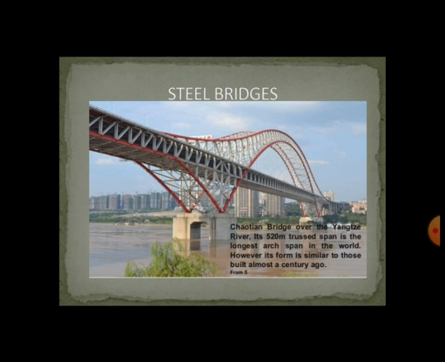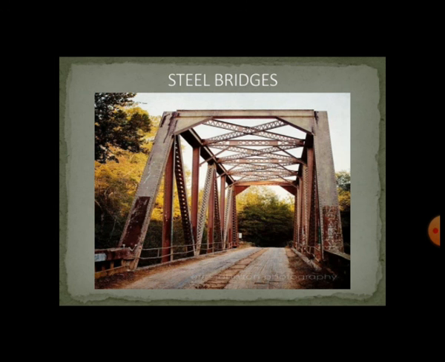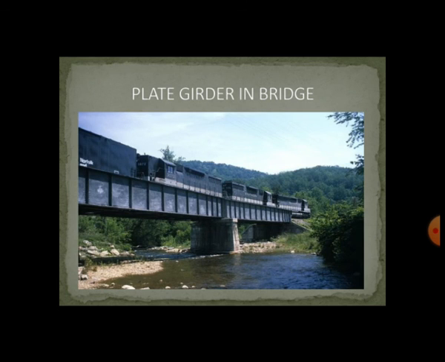Steel bridges most often use different types of trusses, Pratt truss, Warren truss, Howe truss. So different types of trusses make use of steel. Another steel bridge. This is also a bridge made by using plate girder. Plate girder is one of the built up sections.